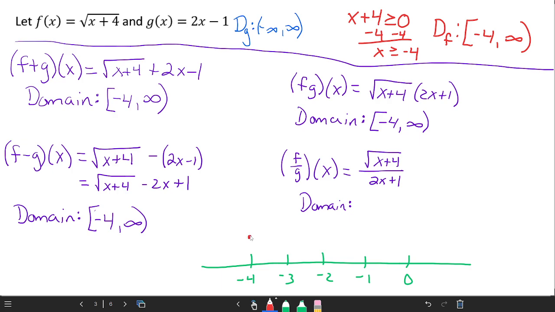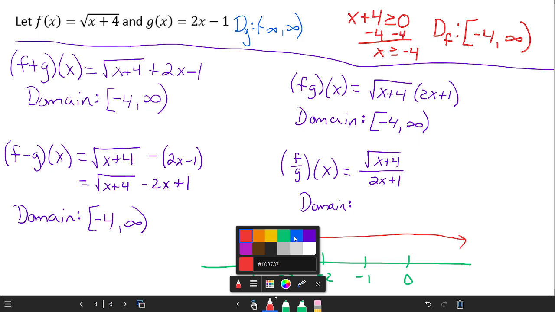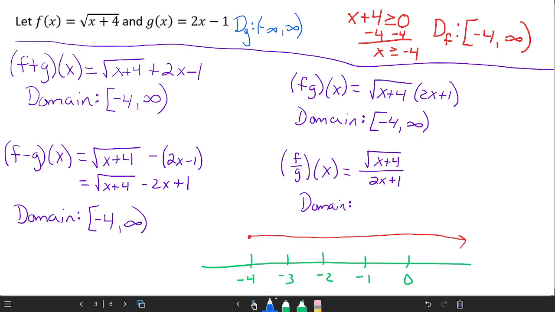So already we know we're restricted to this part of the number line. But now we also can't have a denominator of 0. So we can't have 2x plus 1 be equal to 0. So we need 2x plus 1 to not be 0. And if you subtract 1 and divide by 2, that means x cannot be equal to -1/2.